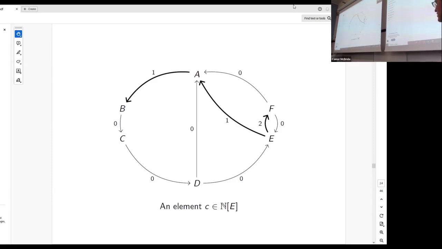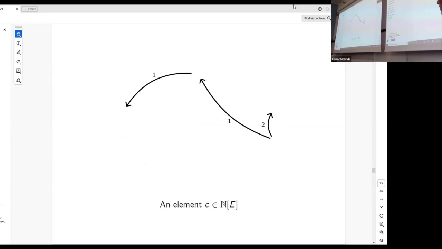This picture is a little bit full of cruft because we're not so interested in the edges with coefficient 0. So we could draw the same picture in a more lightweight manner like this, where we just keep the non-zero stuff. So this would be a way to draw an element in this set of linear combinations of edges. So here's this edge plus 2 times this edge. That's a picture of a linear combination of edges with natural number coefficients. So that's the kind of thing I'm talking about here.